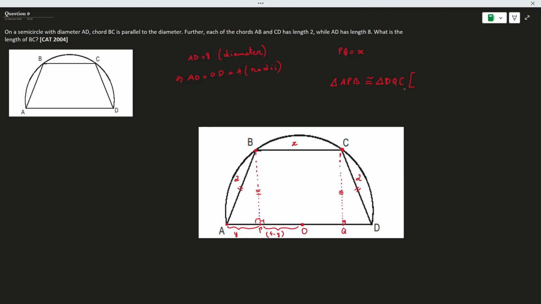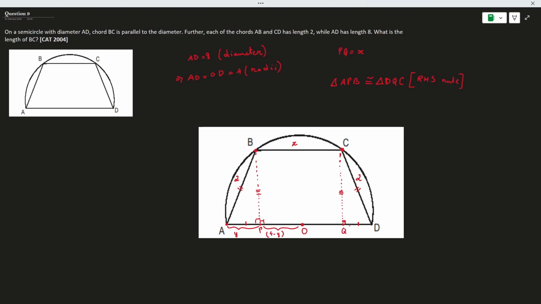By which rule? Right angle hypotenuse side, RHS congruency. These two triangles are congruent. That means their corresponding sides will be equal. That means this side will be equal to this side. See, from symmetry also I could have directly written this as y, okay?